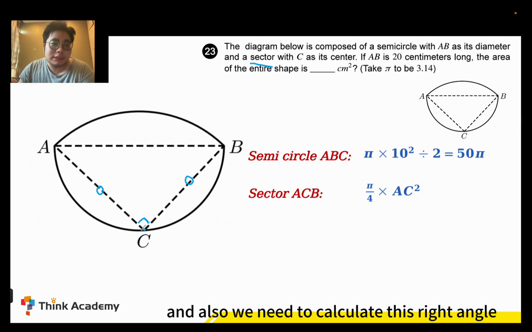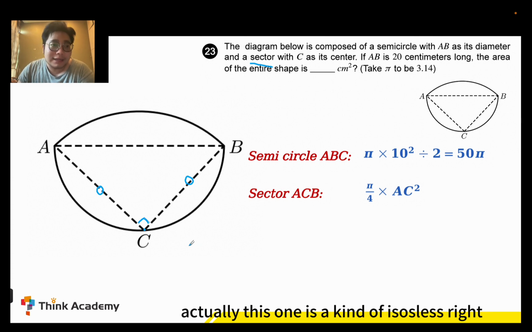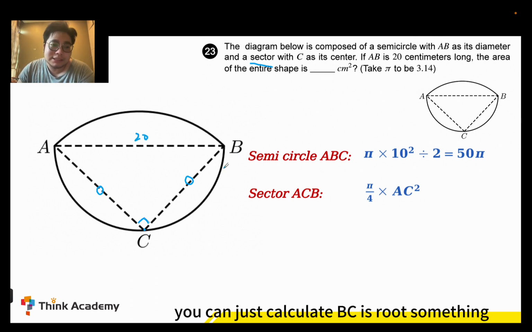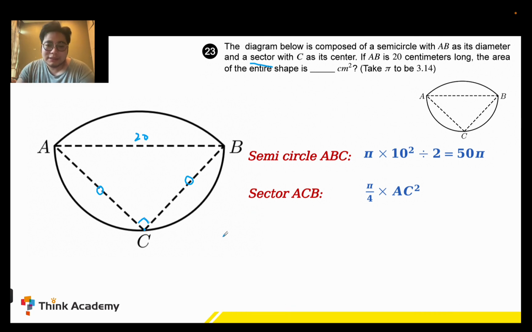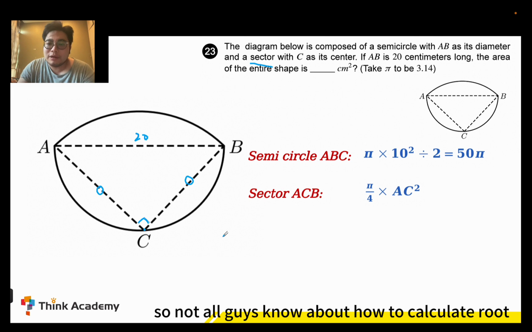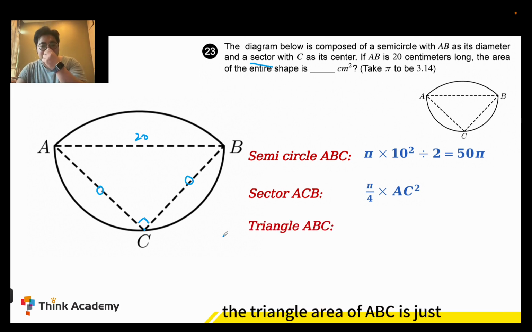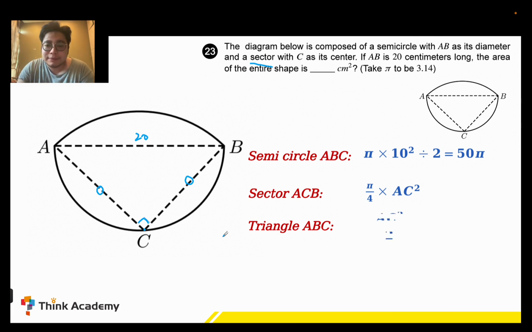And also, we need to calculate this right angle triangle. Actually, this is an isosceles right angle triangle, ACB. AB is 20. You could calculate BC as root something, but I do not suggest that, because not everyone knows how to calculate roots. So the triangle area of ABC is just AC squared over 2.